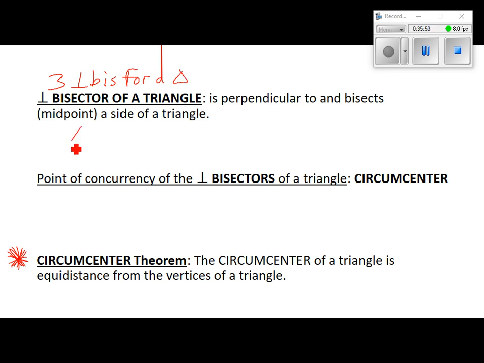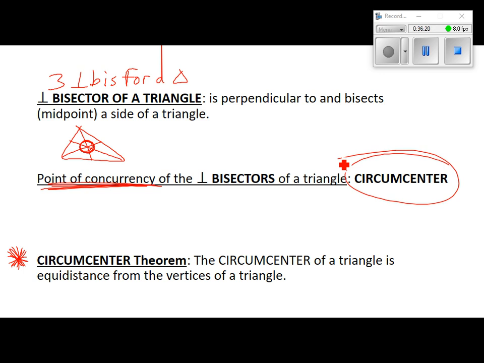So if I drew this, and this in no way, shape, or form is correct, but if I drew all the perpendicular bisectors of this triangle, they all come together at a point. That's called the point of concurrency. For perpendicular bisectors, that point of concurrency, where they all come together, is called the circumcenter.